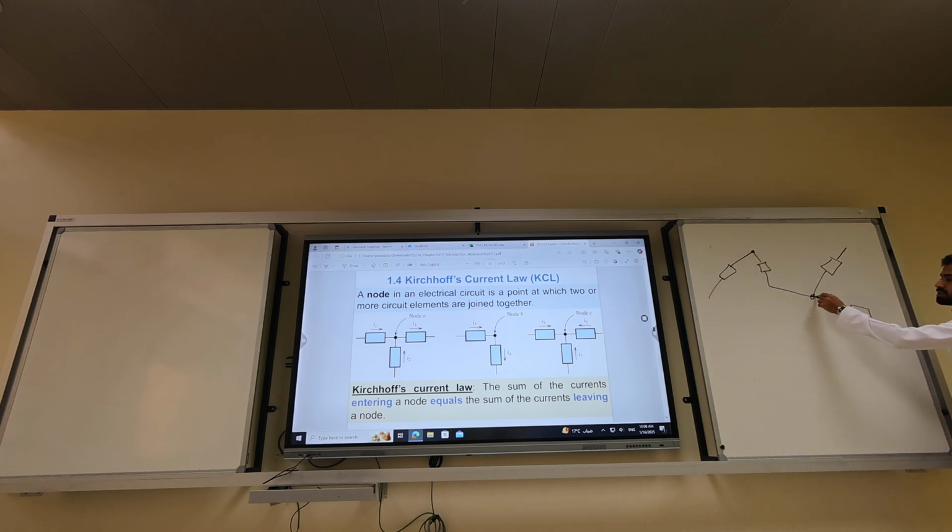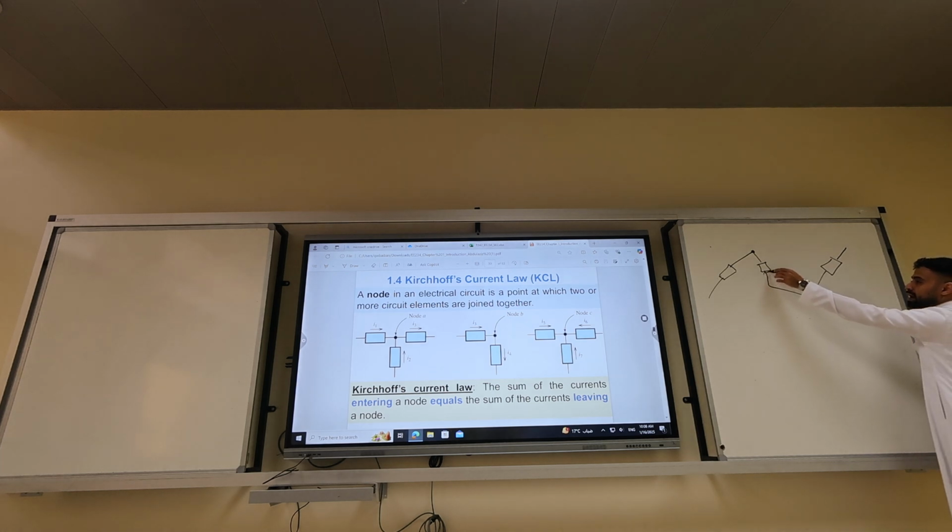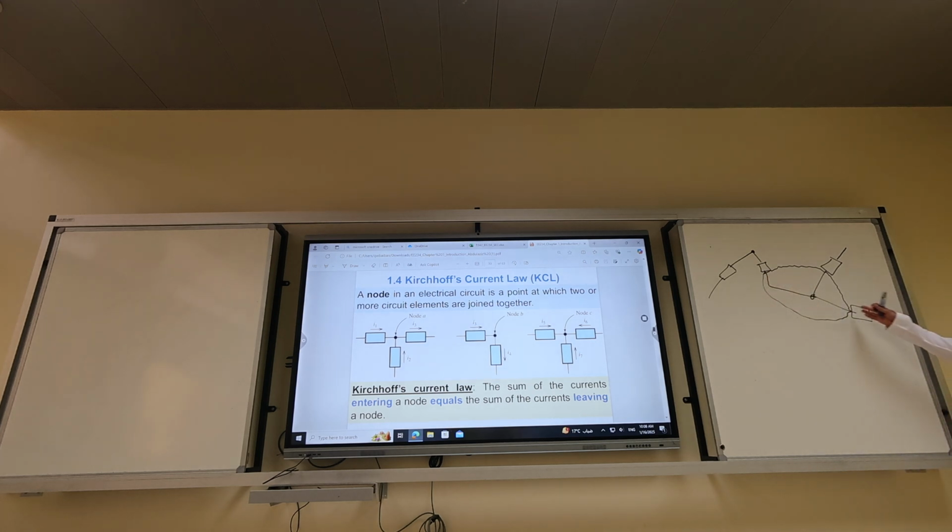Now, this node is vertically connected, the boundaries of it, all the way here. Why? Because conductors have 0 voltage drop. So if you touch it here, it's like touching it there. If you touch it here, it's like touching it here, okay?